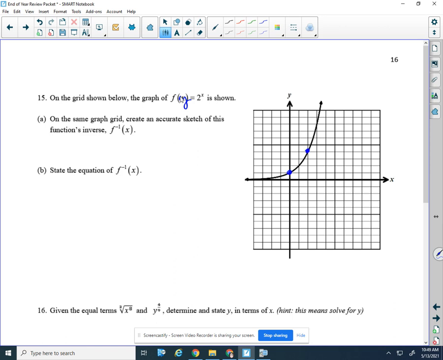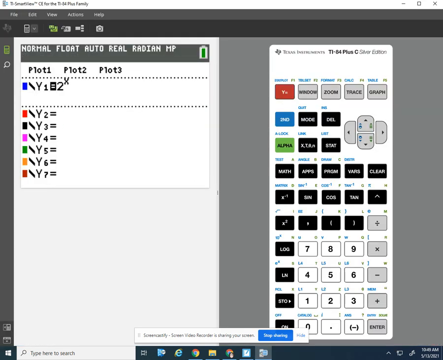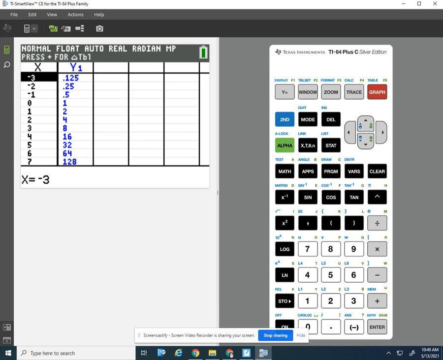So we could take some of these points. Now, you can tell what the whole number points are, but what I did was look on my graphing calculator. I put in 2 to the x, and then I looked on my table. So 0, 1, 1, 2, 2, 4, 3, all of those are easy-ish to see on the graph.